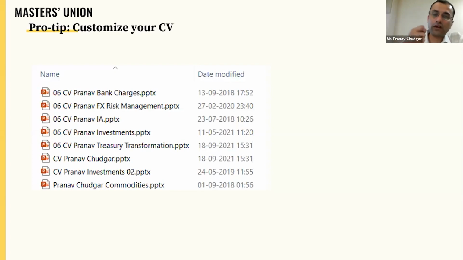They would come to EY for investment advisory, or maybe something related to commodities, something related to treasury, something related to internal audit. I had created these 6 or 7 different CVs depending on the client's requirement or the expert requirement. I had my CVs made so that I would send that to the client. You have to do the same when you are applying.